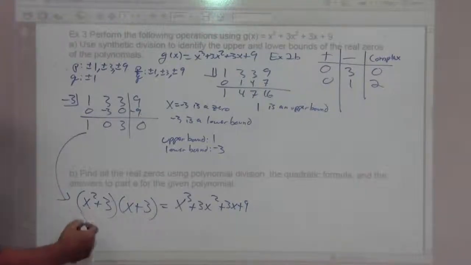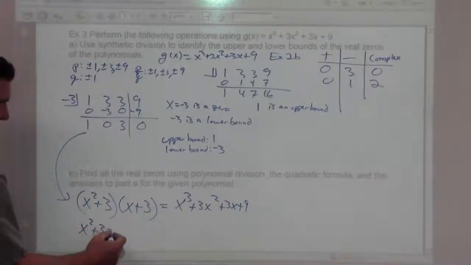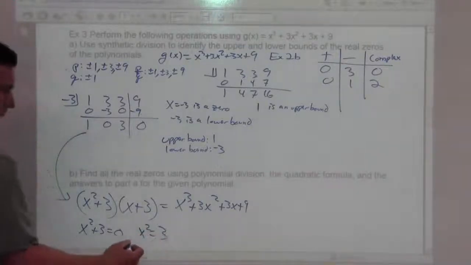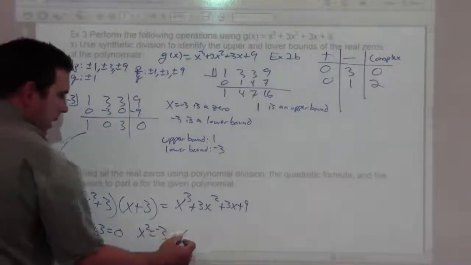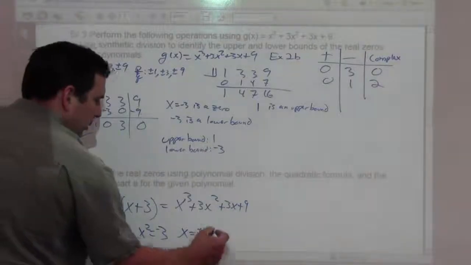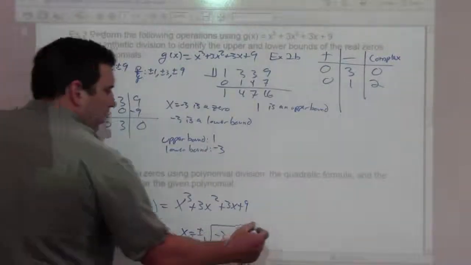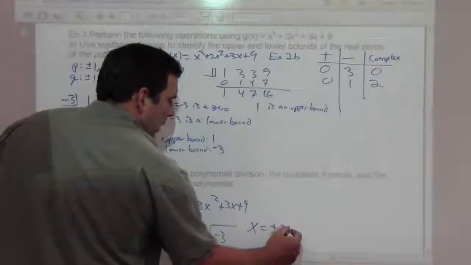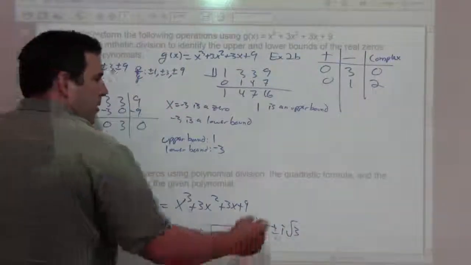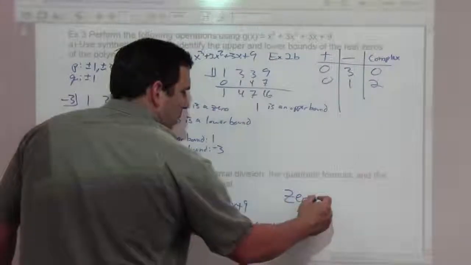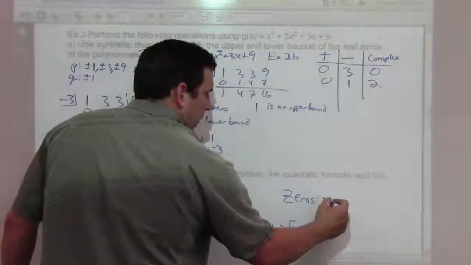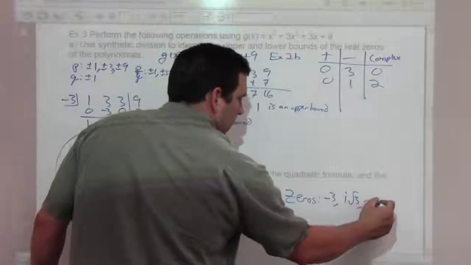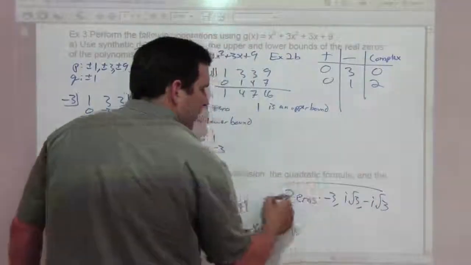So if we take x squared plus 3 equals 0, x squared equals -3, x equals plus or minus the square root of -3, or x equals plus or minus i times the square root of 3. So the zeros are going to be -3, i times the square root of 3, and -i times the square root of 3.